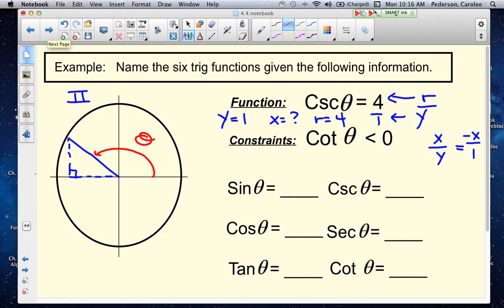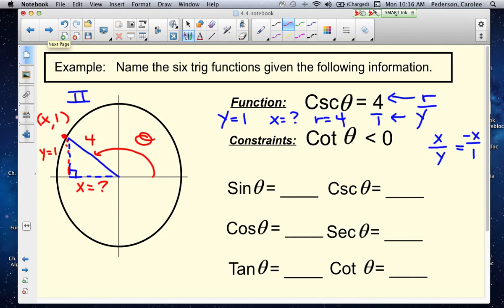So my x value on this picture, we don't know how far left we're going to go. We don't know this point yet. But we know the y value is 1. So this is 1 unit up. So far left we don't know. And then the radius is 4.